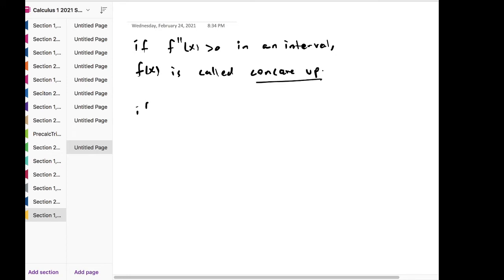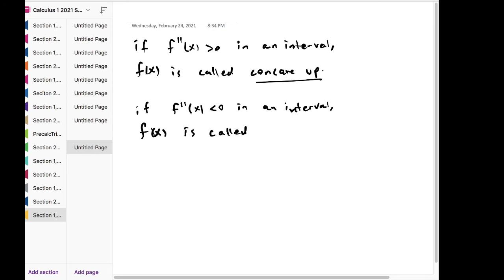If the second derivative is negative in an interval, f of x is called concave down. And this is in that interval.